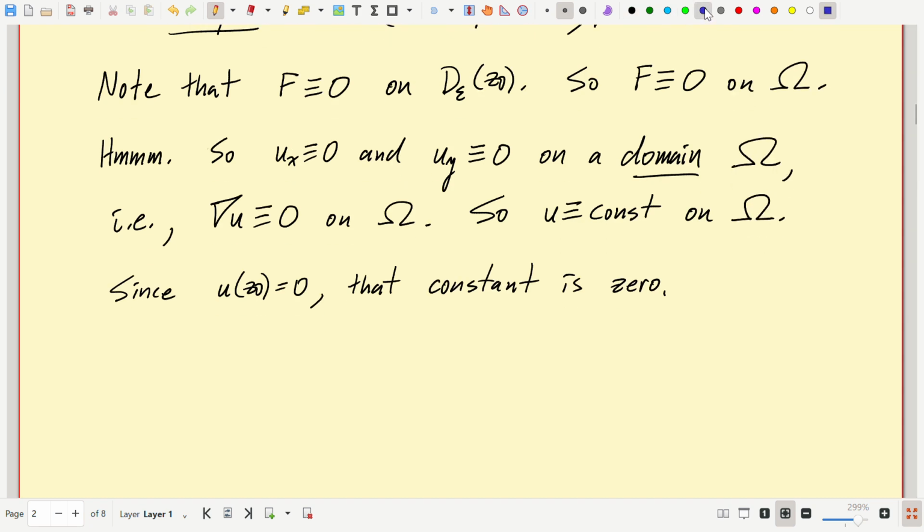Questions about anything? So it's natural, once you see this, kind of feels like harmonic functions are going to be very much like analytic functions. Question: is there an identity theorem for harmonic functions?